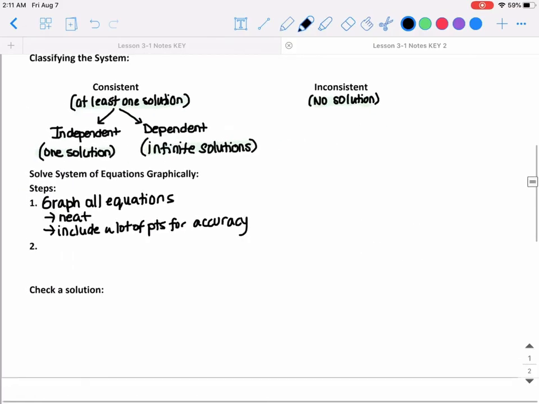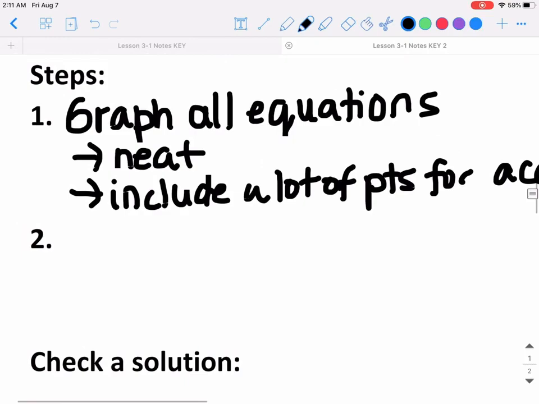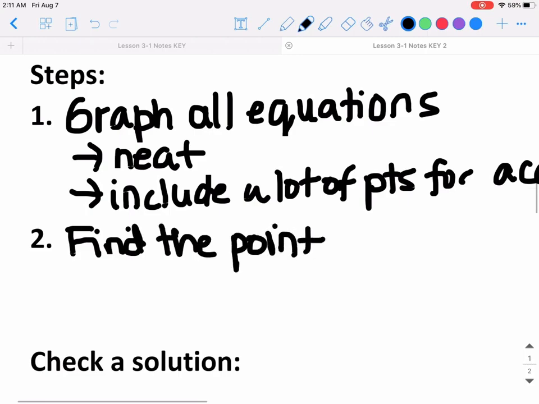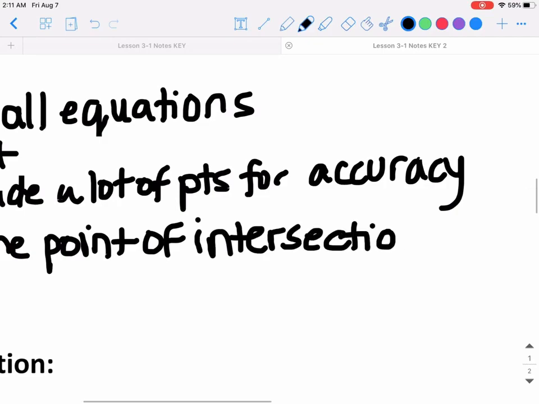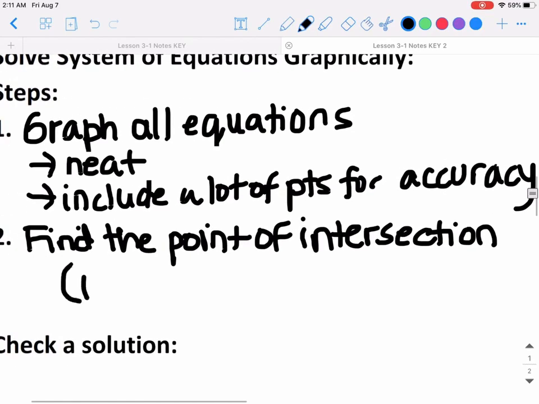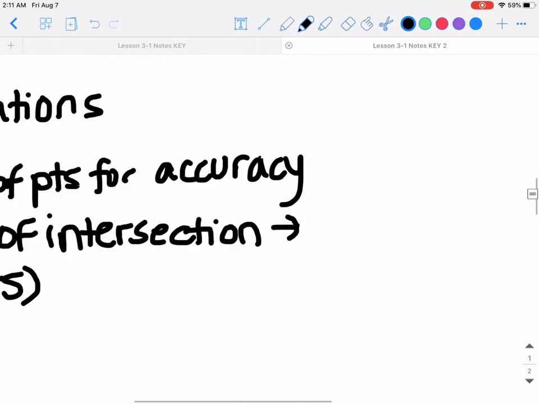The second step is to find the point of intersection, if it exists, because sometimes you'll have no solution, and that point of intersection is the solution.